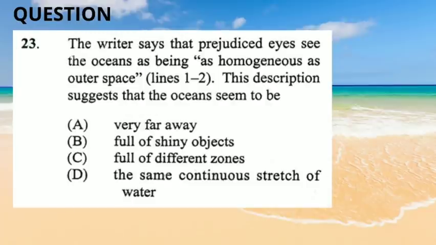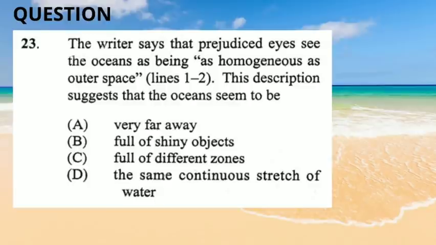Question 23. The writer says that prejudiced eyes see the oceans as being as homogeneous as outer space, lines 1 to 2. This description suggests that the oceans seem to be A. Very far away, B. Full of shiny objects, C. Full of different zones, D. The same continuous stretch of water.